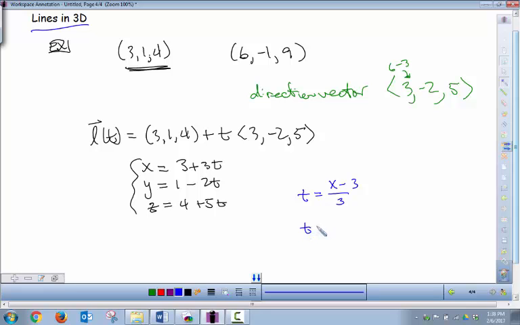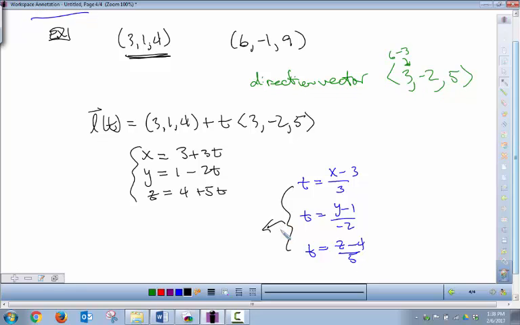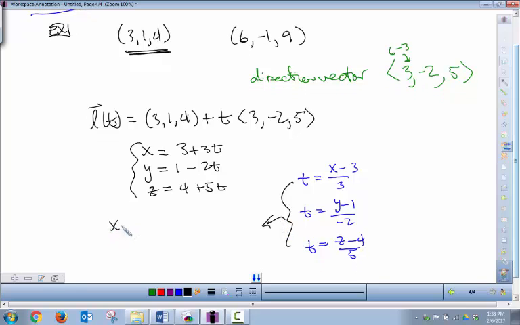The y values, we got y minus 1 divided by negative 2. And the z value, we get t is equal to z minus 4 divided by 5. And so if we just set them all equal to each other, we got our symmetric form of the line.